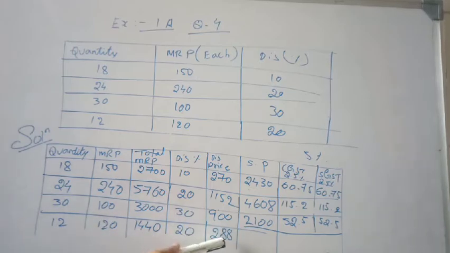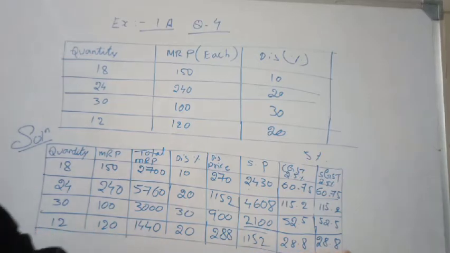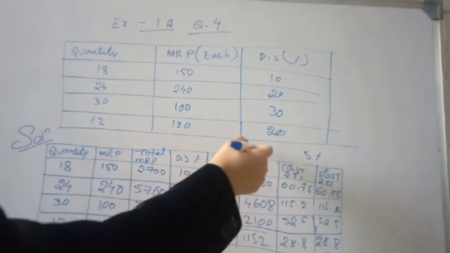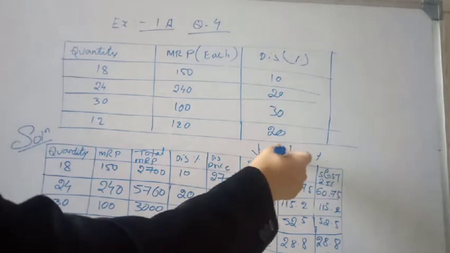The discount percentage is 20%. So 1440 into 20% is equal to 288 rupees, the discounted amount. Now total MRP minus discounted amount is 1152. 1152 into 2.5% will give CGST and SGST, that is 28 rupees 80 paisa.